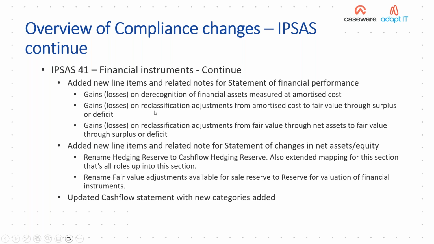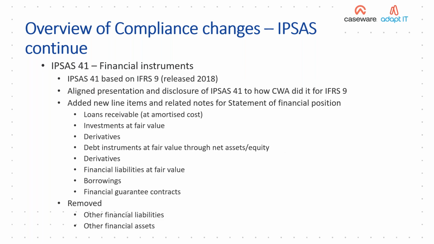So that was on the income statement. These were 3 line items that we catered for. However, there were a lot of existing income statement notes that we also needed to update to align to the new line items that we introduced on the face.